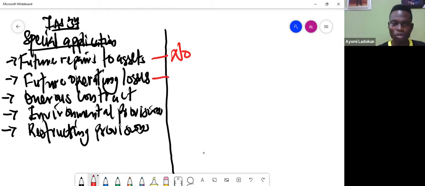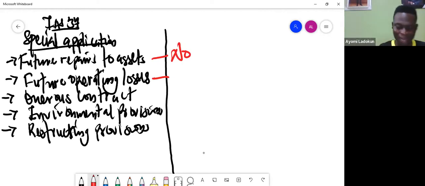Then number two, future operating losses. You're already thinking that this particular business will make a loss. Then that's future operating losses. Can I provide for that loss?